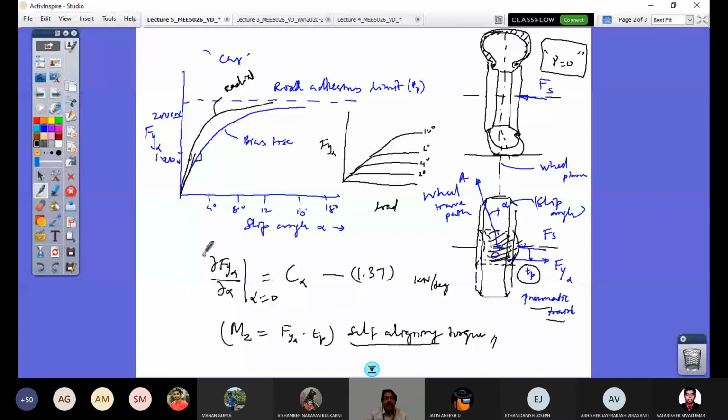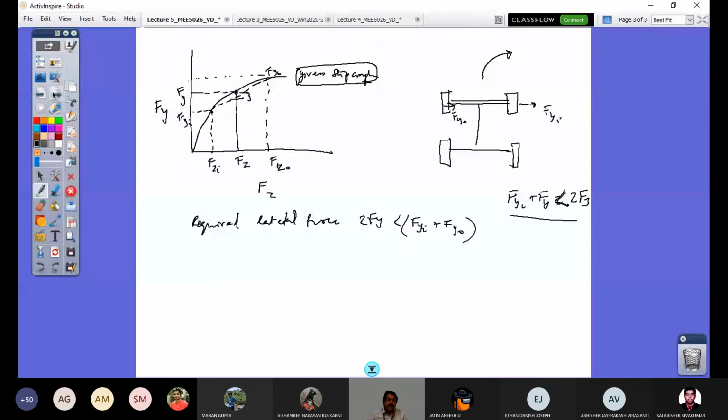But before that, let's look at how this MZ is going to vary with the slip angle. So this MZ is going to vary with the slip angle in this fashion. It's going to increase for a while and then it's going to reduce and it's going to be 0 and then it may go like this.